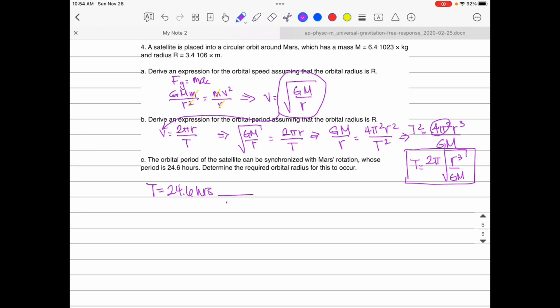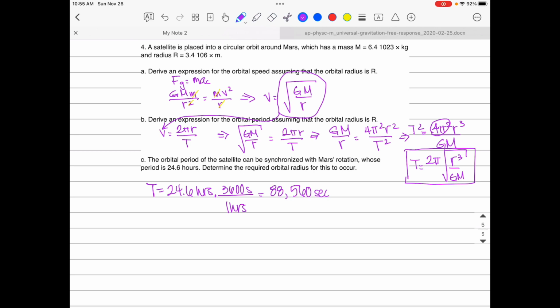We always want to convert that to seconds, so that's times 3,600 seconds, and that would give us 88,560 seconds.